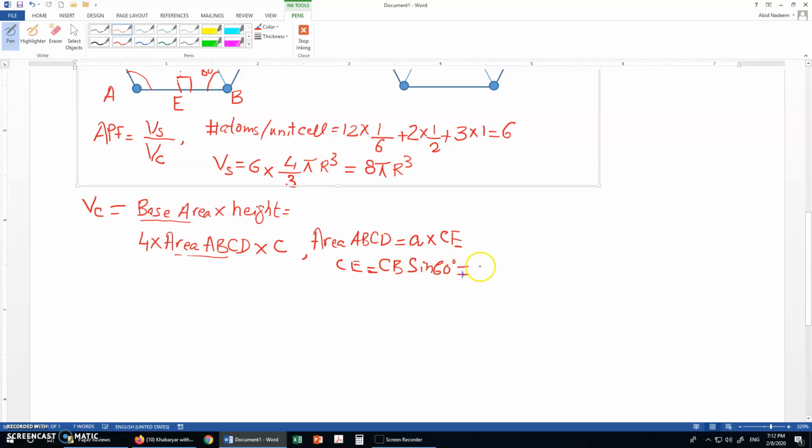CB is equal to A, and sine of 60 degrees we know is square root of 3 by 2. Then area ABCD will be A times CE, so A times square root 3 by 2. So it will be A square root 3 by 2.